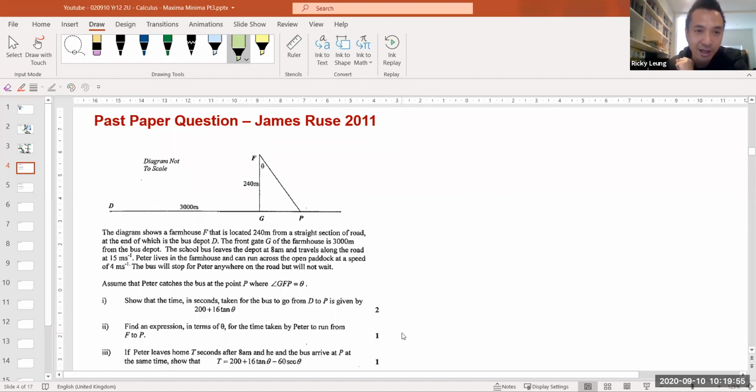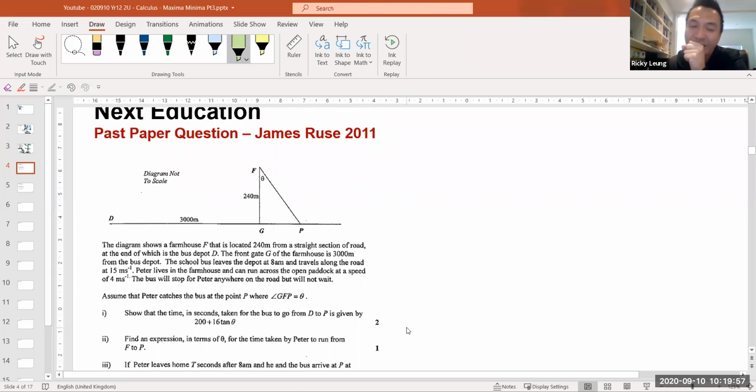It is a question that is seen quite often in past papers where you have a situation where there's a bus that starts at the depot and it basically travels along a path. Is it a boy or girl? Peter. Peter lives at a farm and he needs to basically miraculously meet the bus that's traveling at 15 meters per second and magically jump on.